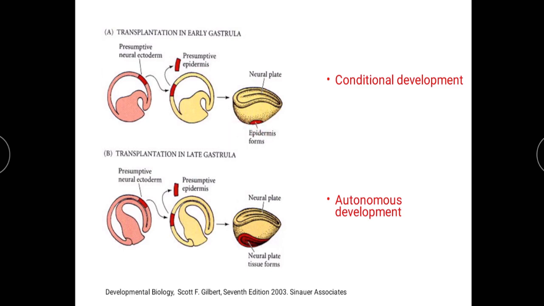Now this neural ectoderm carries its own potential, its own identity, and it forms the neural plate tissue. So here the fate is fixed. It is not going to change whichever area it is transferred to, and this is called autonomous development, meaning it is not dependent on anything else.